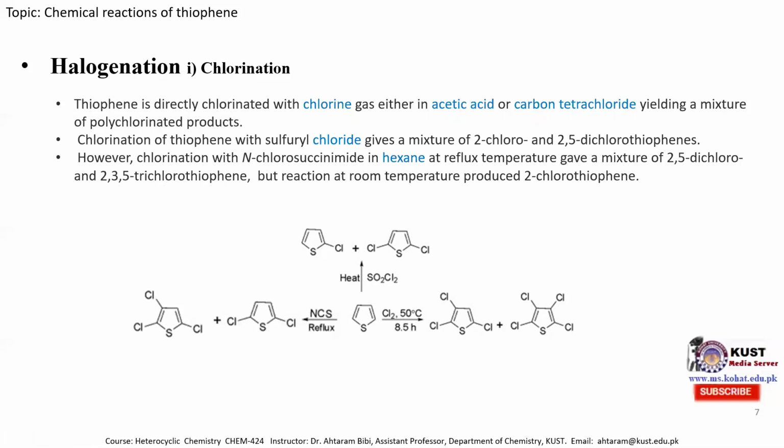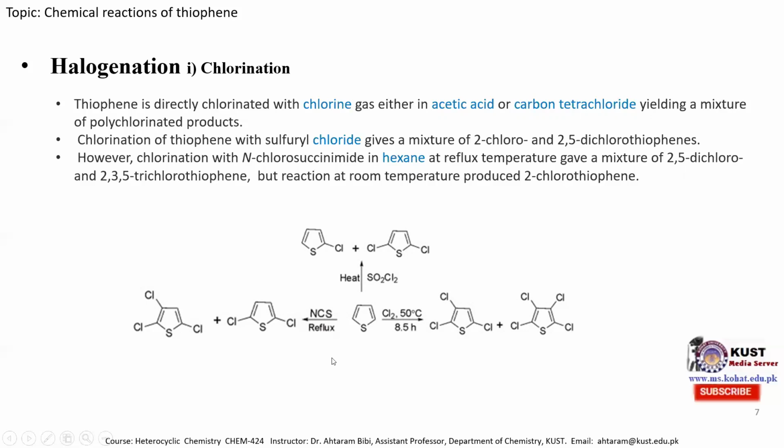As one can see here, when thiophene is treated with N-chlorosuccinimide, one can obtain the 2,5-dichlorothiophene and 2,3,5-trichlorothiophene molecules. But when the same reaction takes place at room temperature, it produces only the 2-chlorothiophene molecule.